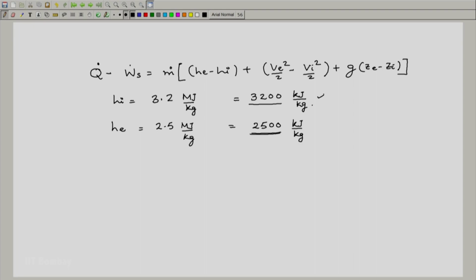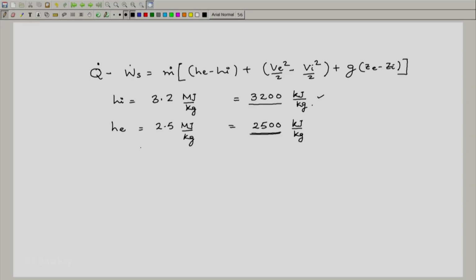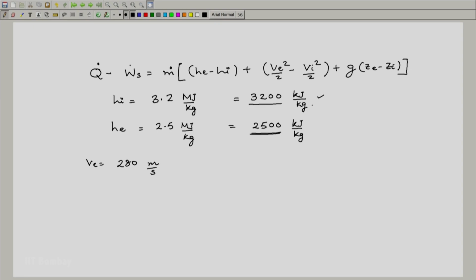Now you notice what is being said about Ve. Ve has been written down as 280 meters per second. Notice what we mentioned in our previous snippet, that only when you start getting velocities around 300, that is much more than 100 meters per second, do those kinetic energy terms start getting significant. Now 280 meters per second is reasonably significant.